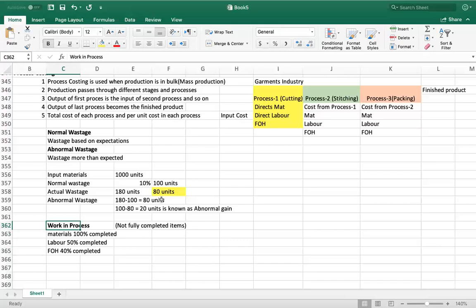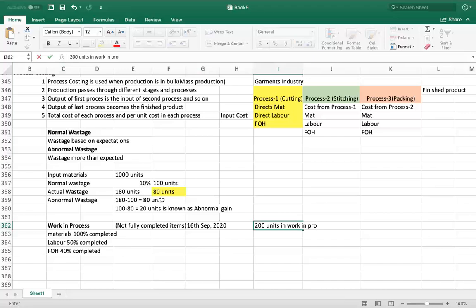On 16th September, how many units do we have? Let's suppose 200.